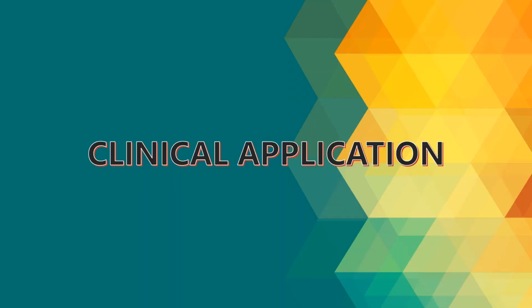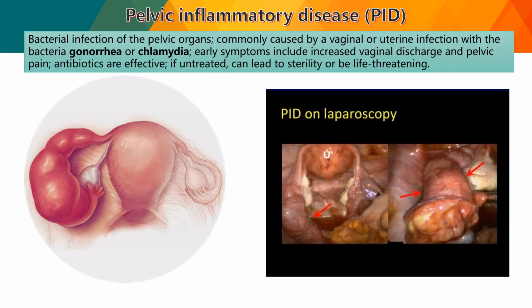So, for the clinical application or the clinical diseases associated with the male and the female reproductive system, first, we have pelvic inflammatory disease or PID. This is a bacterial infection of the pelvic organs commonly caused by a vaginal or uterine infection with the bacteria gonorrhea or chlamydia.